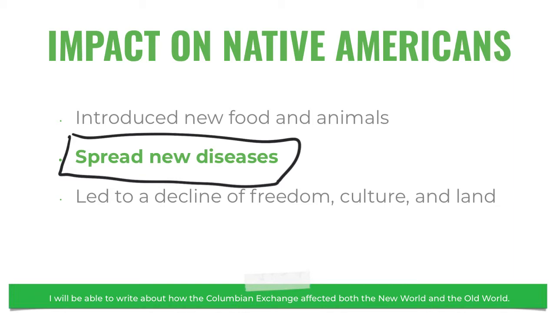So over time, Europeans get immune to a lot of these diseases, but when they come over to the New World, the Native Americans have never seen these diseases, and they catch them and die. Many of them die. Millions of Native Americans died. Mostly from diseases, some from mistreatment and slavery and those conquistadors that we talked about, but most of it was from new diseases. Another thing is it led to a decline of freedom over time, and culture and land.